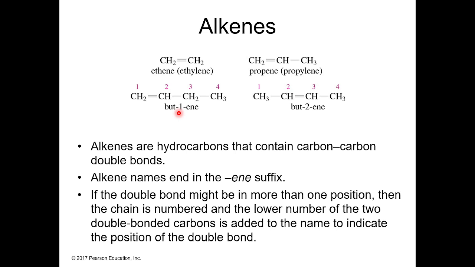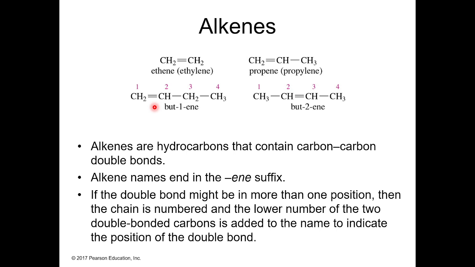Okay? So this is the new IUPAC naming methodology. So you would put but-1-ene. The 1 is the first carbon as you would number them from left to right that would have the double bond. And you always organize your functional group, in this case the double bond, so it's the lowest number possible.